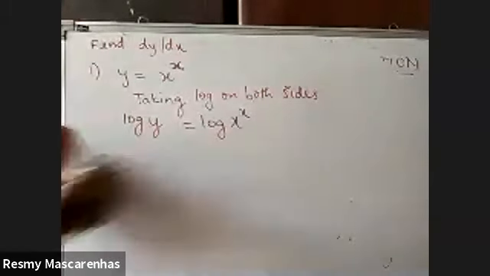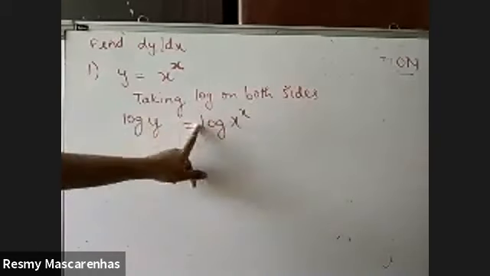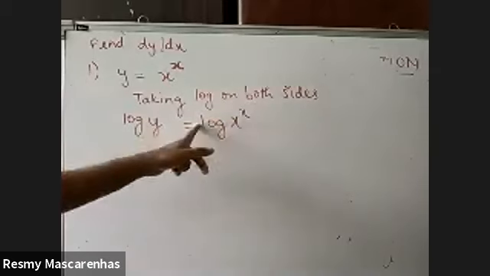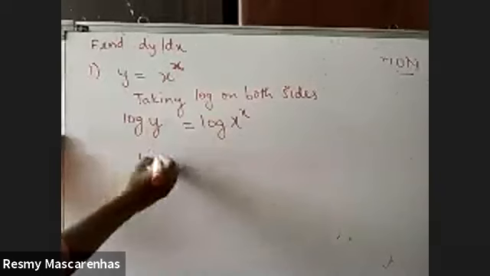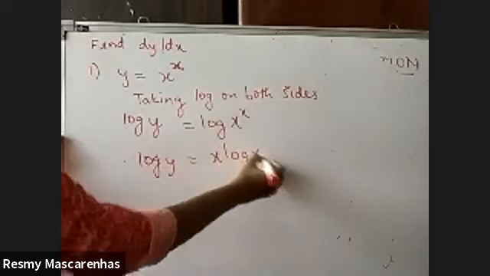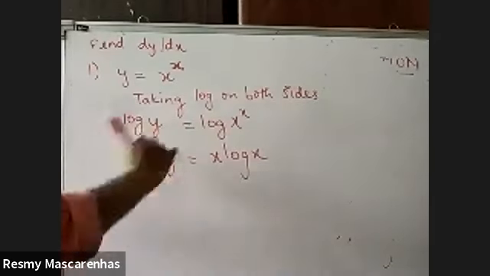Now, if there is any power here, it will always come out. You know that. So log y equals x log x. Now your first step is done. You took log on both sides.